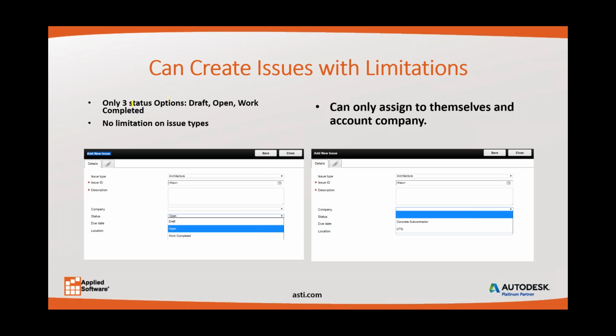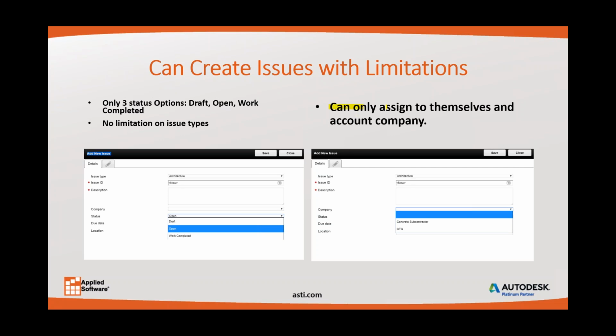The first one is they have three status options: draft, open, and work completed. This allows them to create an issue with any one of these statuses. They can create an issue in any issue type category, so they can assign this issue to a punch list, or they can assign it to safety. There's no ability for us to restrict what issue types they can assign it to.